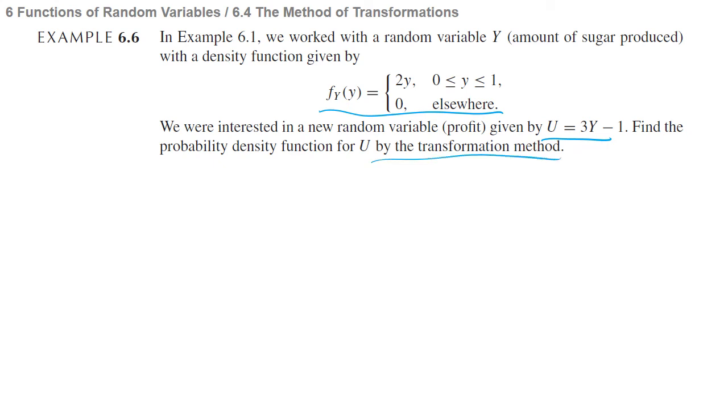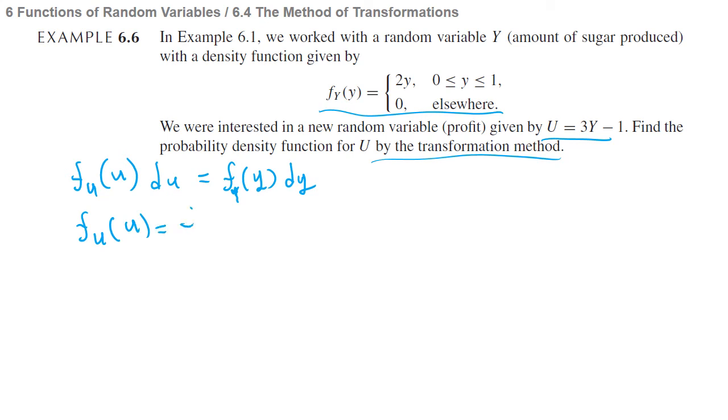What I usually use to calculate f of u, small u, is to write it this way: f of u du is f of y dy, and then f of u of u is f of y times dy du.